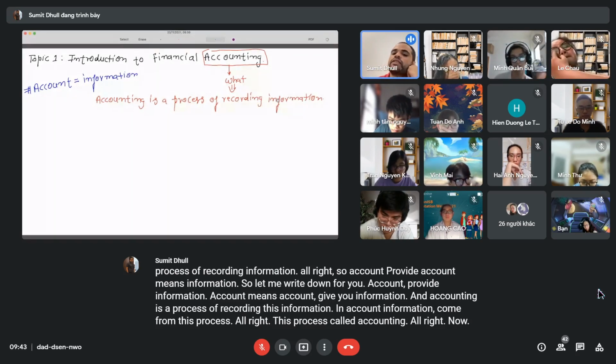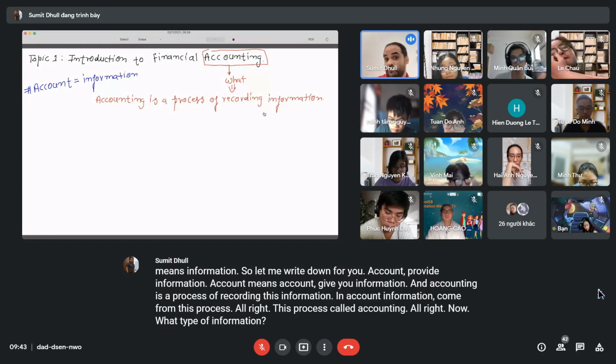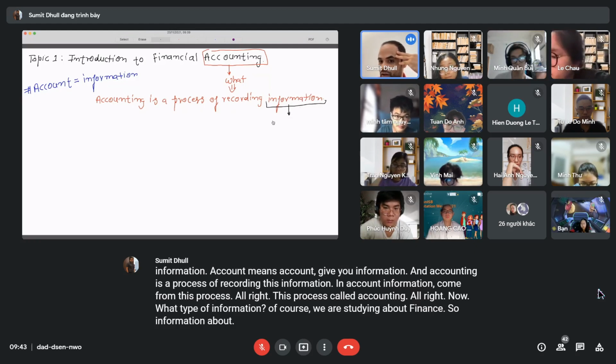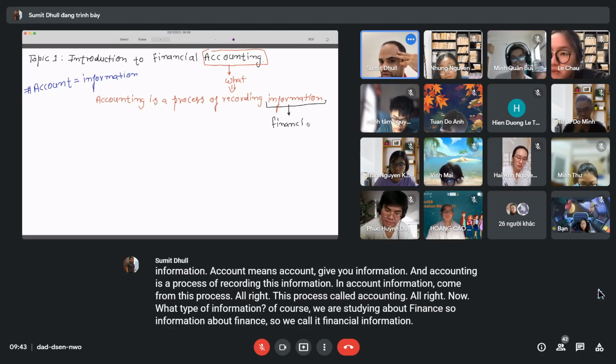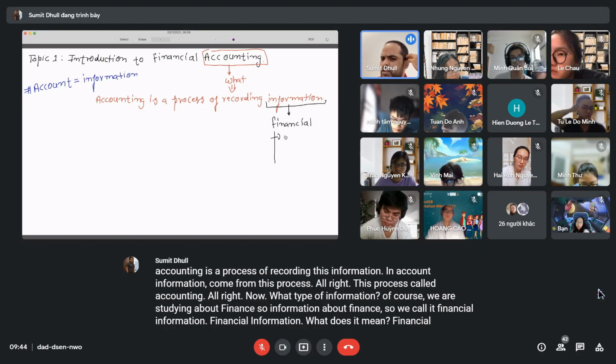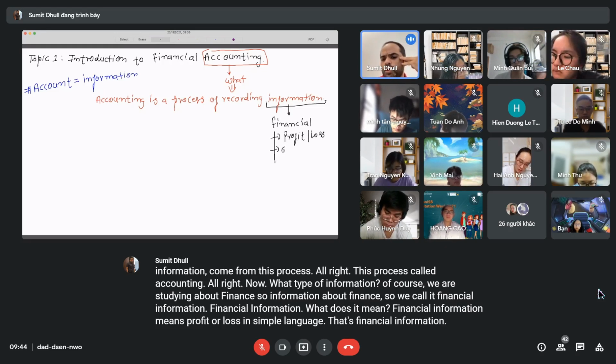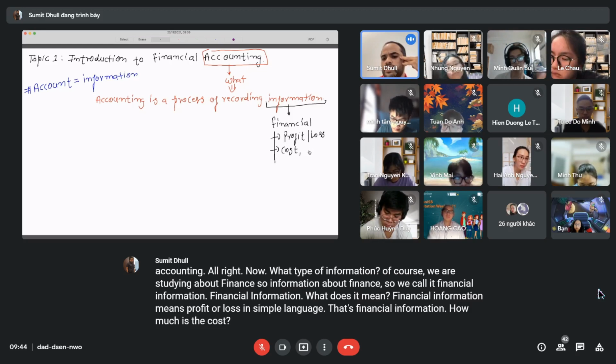Now, what type of information? Of course, we are studying finance, so it is information about finance. We call it financial information. What does financial information mean? In simple language, financial information means profit or loss. How much is the cost? How much are the sales? How much are the assets?